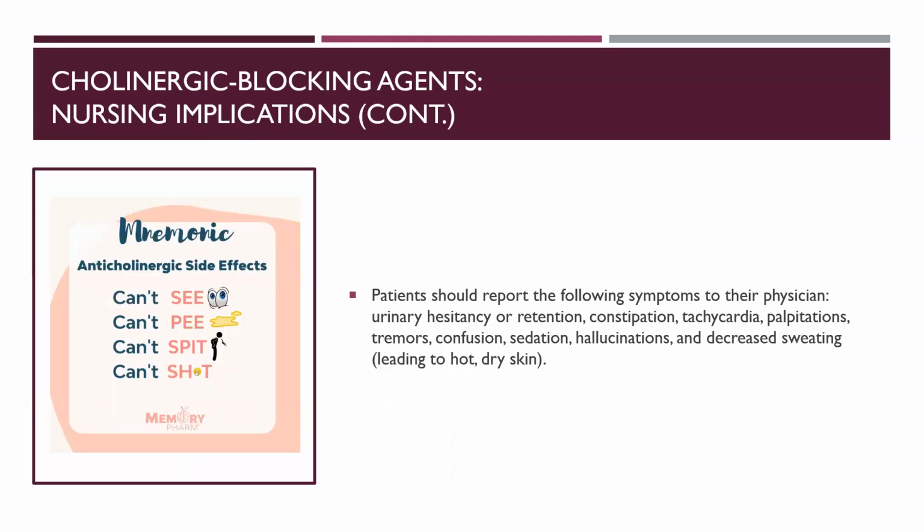So with it, you want them to report the following symptoms to their physician: urinary hesitancy, retention, constipation, tachycardia, palpitations, tremors, decreased sweating, hallucinations, anything of that nature. Can't see, can't pee, can't spit.